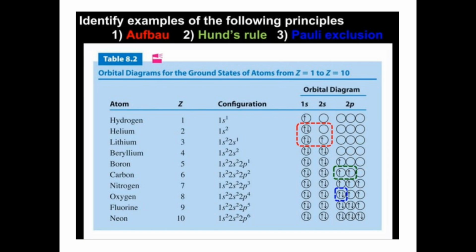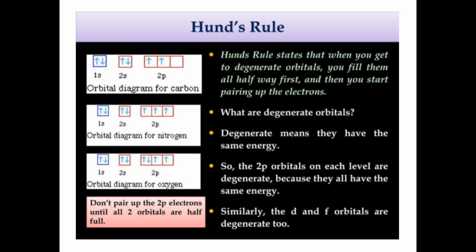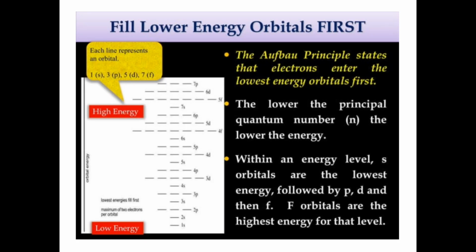By the time you get to lithium, you have 1s2, 2s1. Now you will notice that we highlighted here about half bars. So let's look at the half bars again. We fill the lower energy orbital first before we fill the higher one.